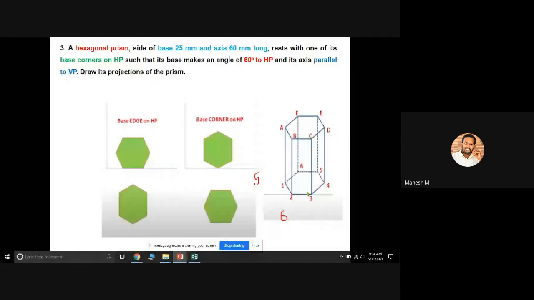Okay. Similar to that, if it is a pyramid, there will not be a rectangular face. There will be only triangular faces. A pyramid has triangular faces; a prism has rectangular faces. If it is a pentagonal pyramid, you will have 5 triangular faces. If it is a hexagonal pyramid, you will have 6 triangular faces.